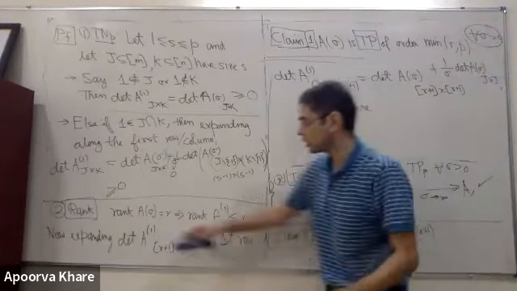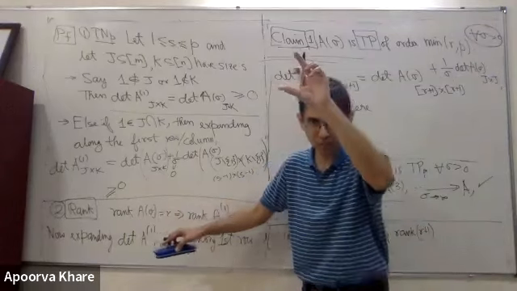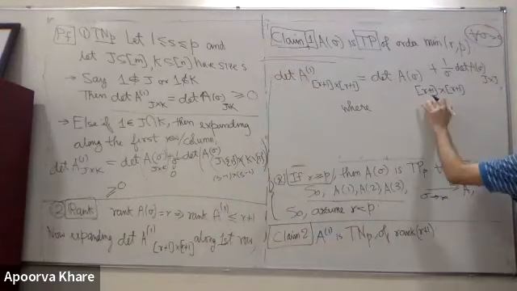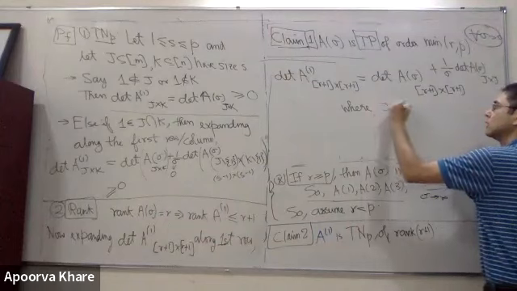I remove the first row and first column, that's where I put the 1 over sigma, and the remaining indices are 2 through R plus 1.